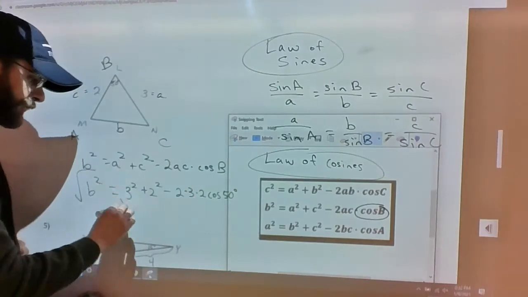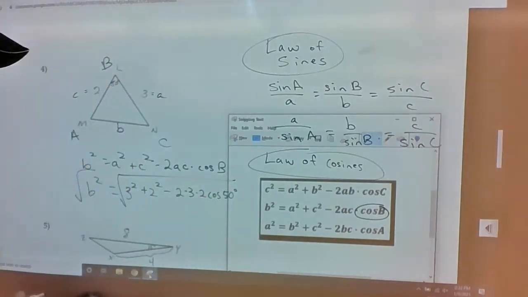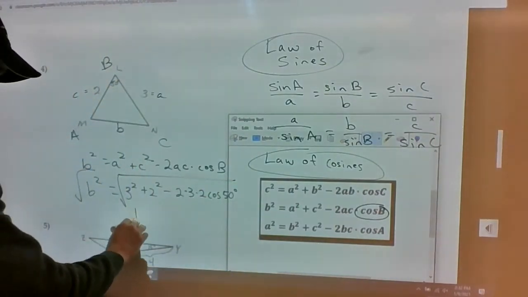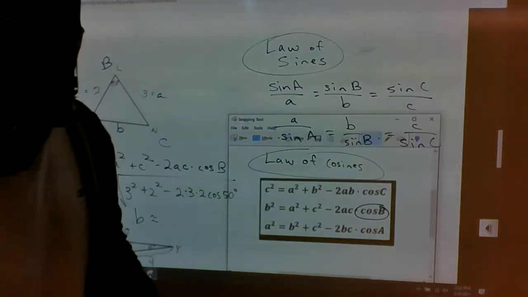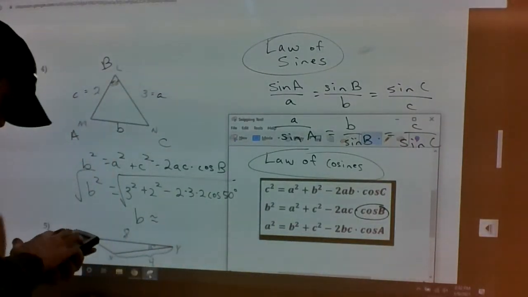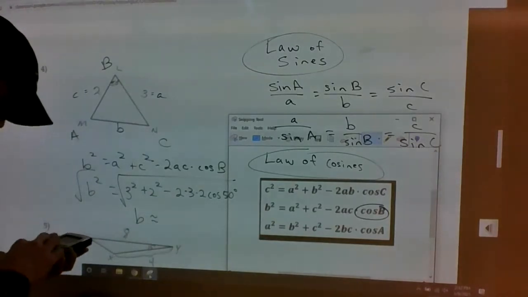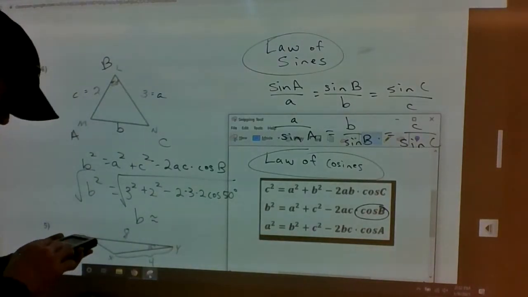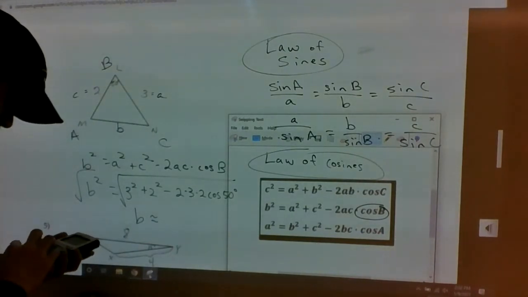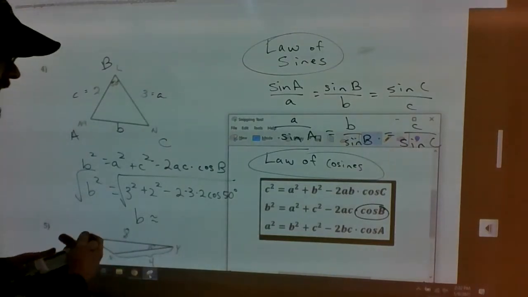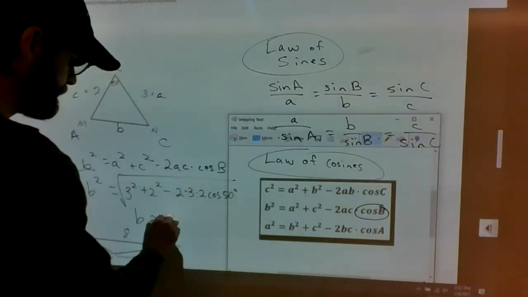And then you square root that. And then you come up with a decimal approximation. And you get 2.299.